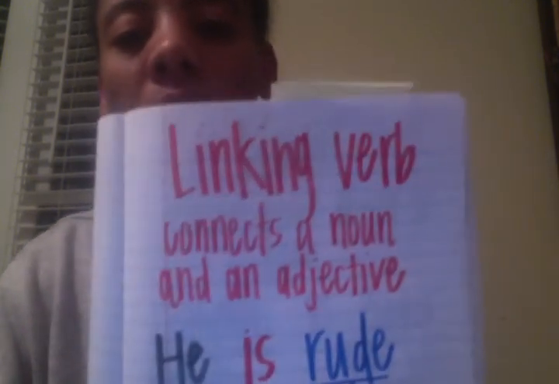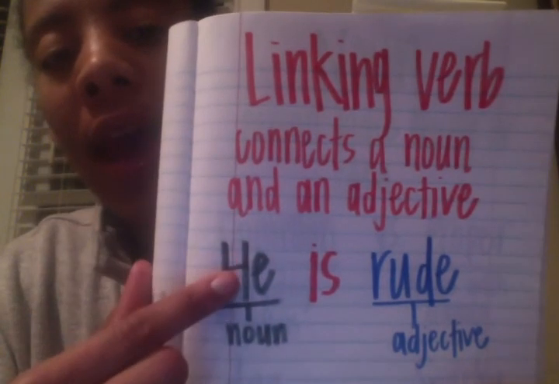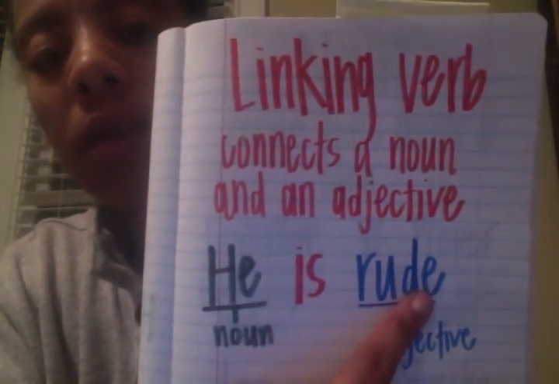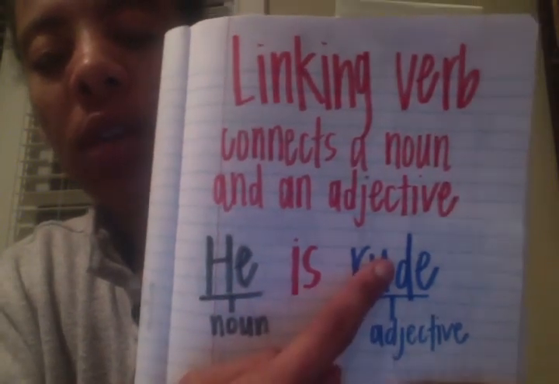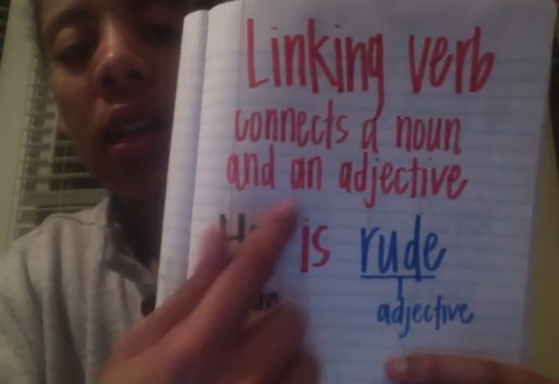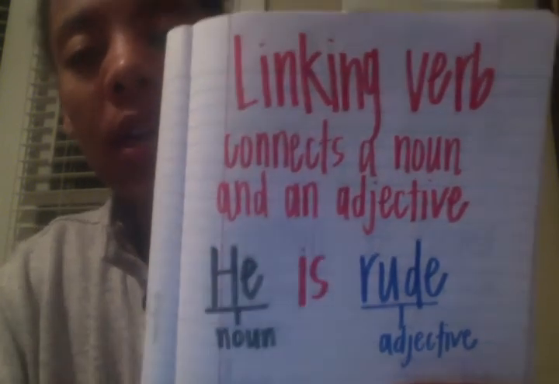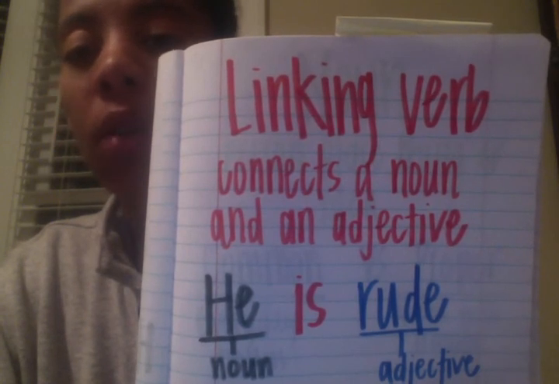Then you have your linking verbs. Linking verbs connect a noun to an adjective. This is your linking verb. Is. Your linking verb is always going to be a to be verb.